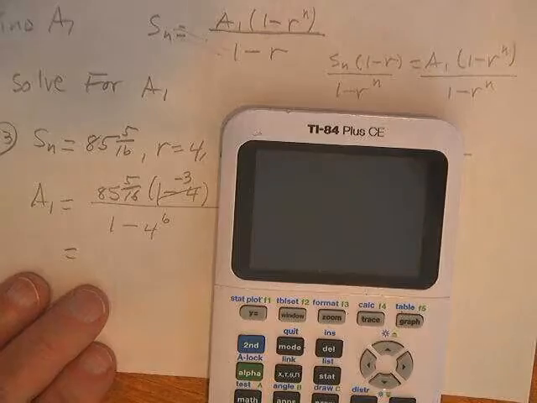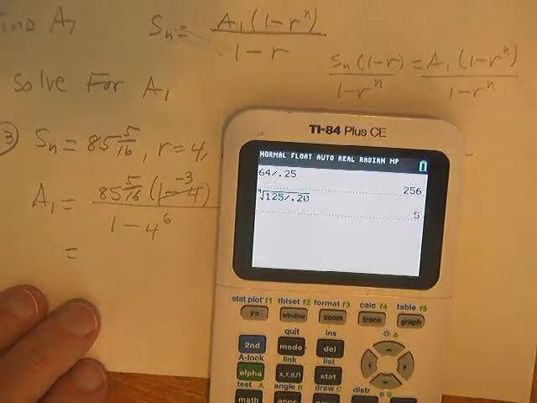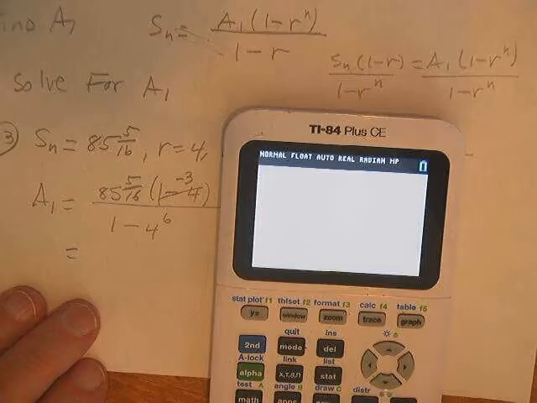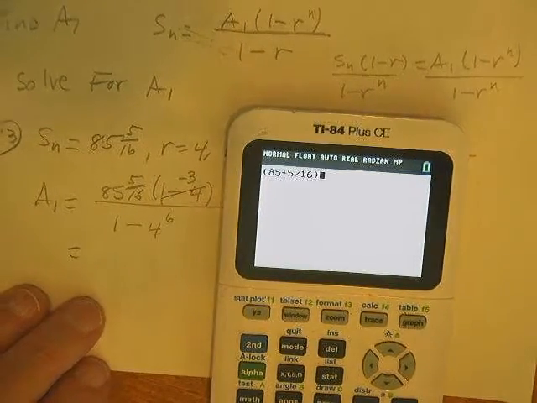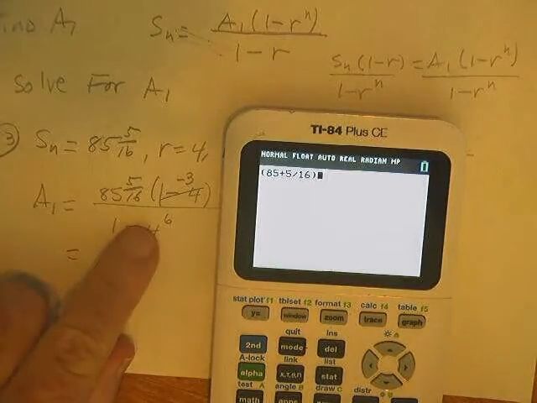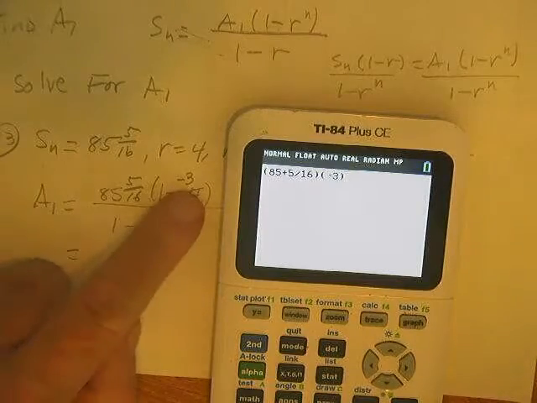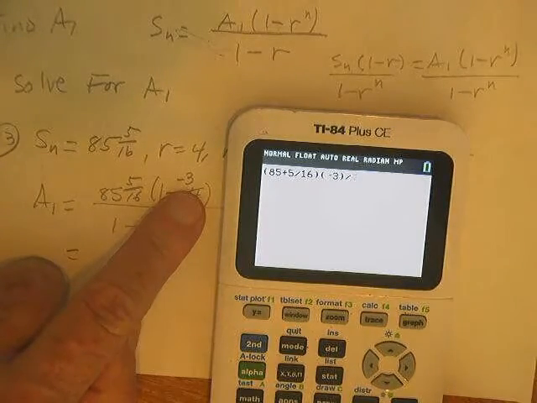Okay, so let's see. Let's clear all that. So let's do 85 plus 5 divided by 16. There's that one. And then I'm just going to put all these in parentheses and just be safe. You should too.